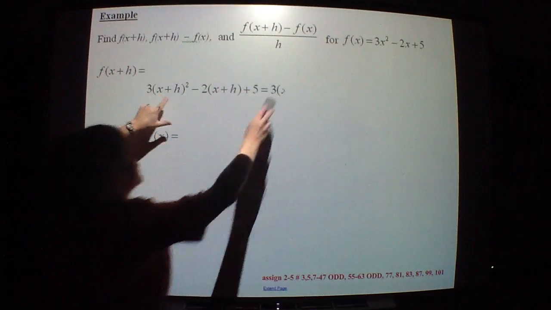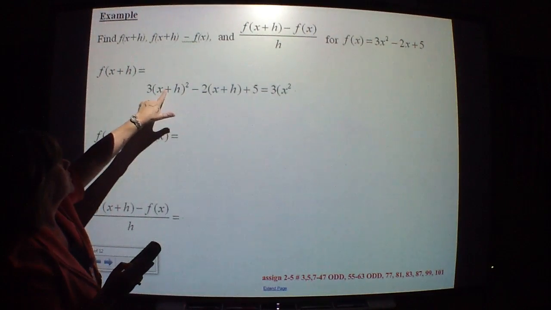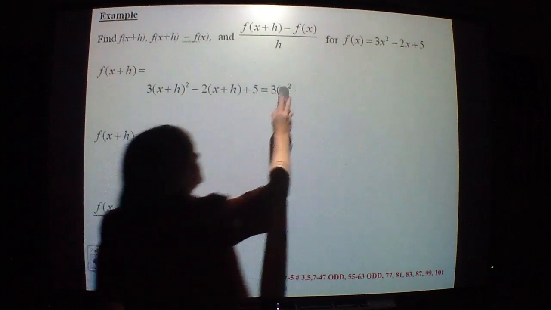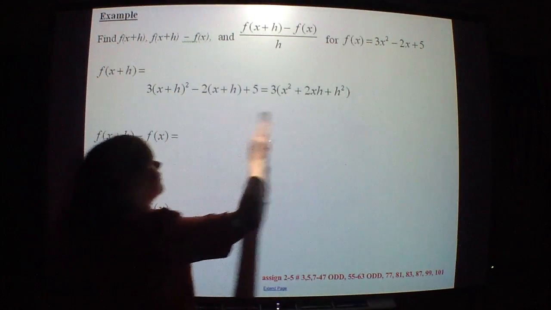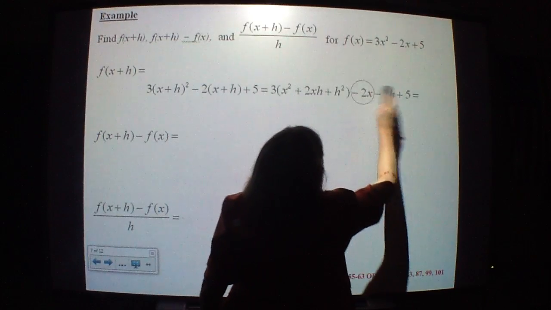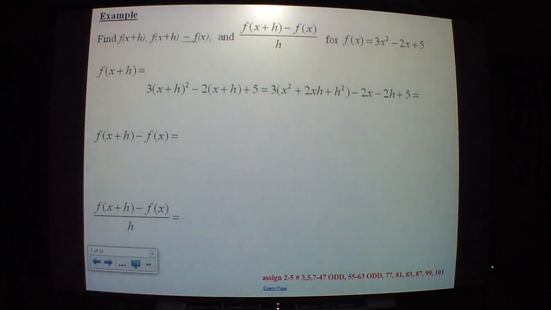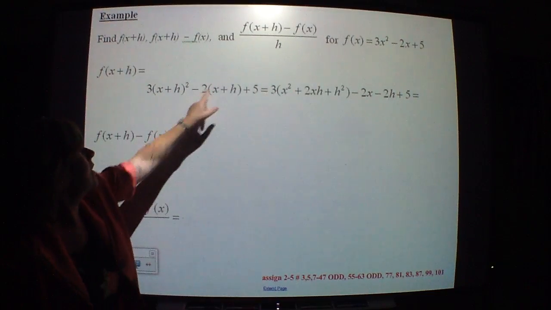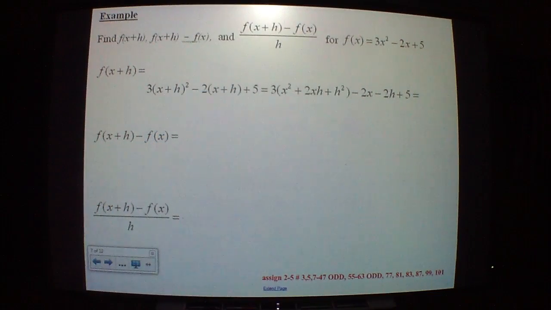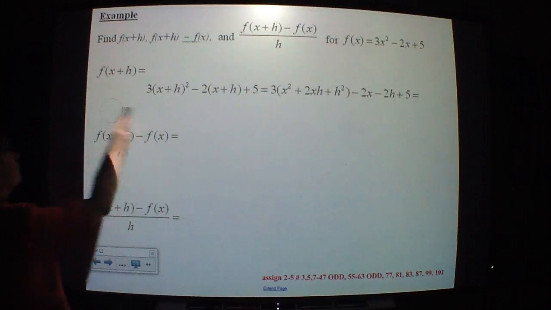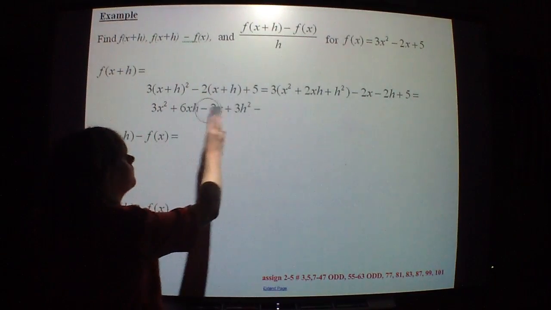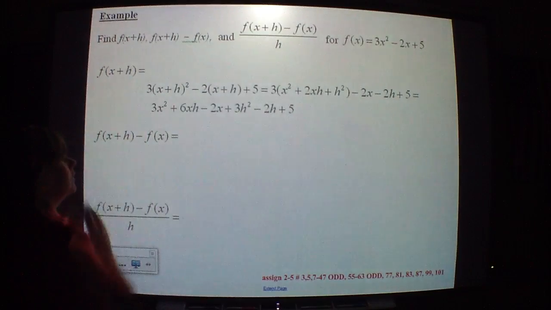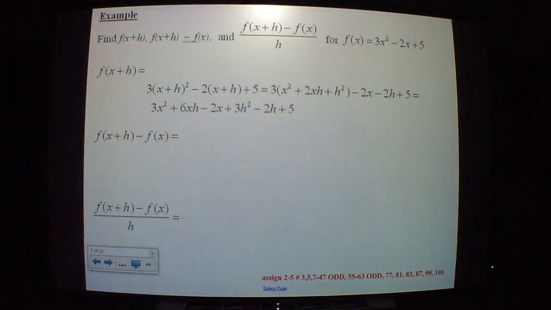This right here expands into x squared plus 2xh plus h squared. That right there, you can distribute. And I distributed the negative 2, so I took away the parentheses: negative 2x minus 2h. Distribute the 3. So I distributed the 3. Okay? So there's f of x plus h.